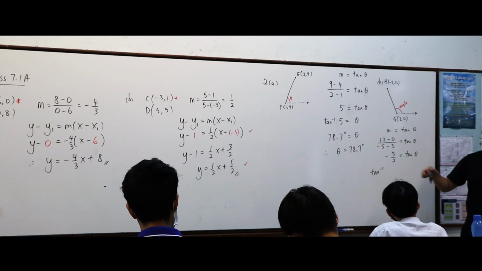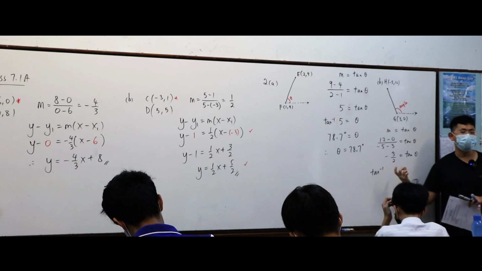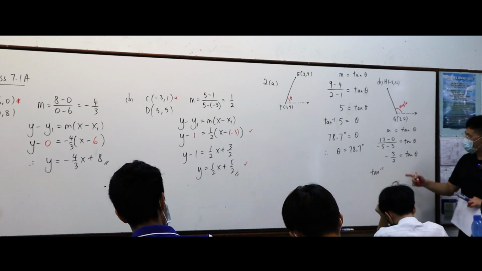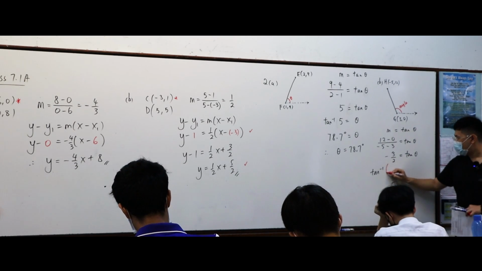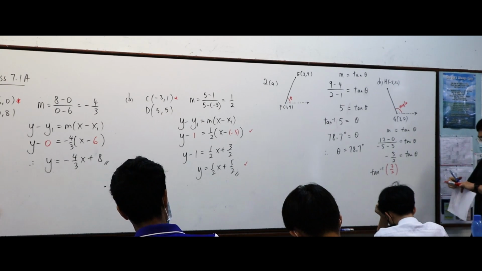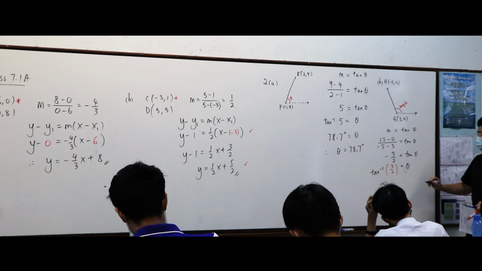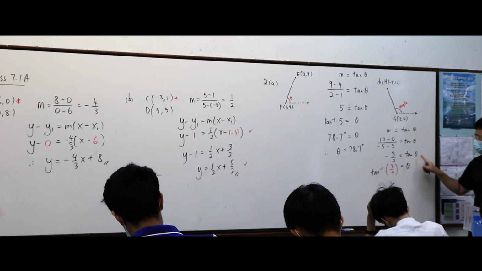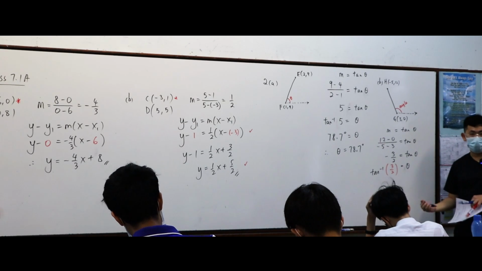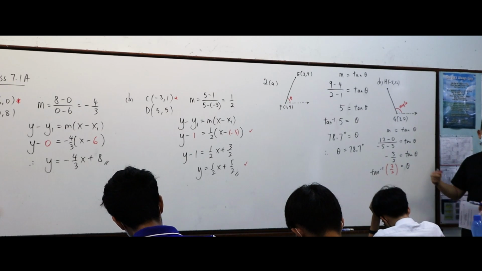We are going to use the positive number of the gradient. Okay, means we are looking only at the absolute value. So instead of negative 3 over 2, I'm going to look at 3 over 2 first, equals to theta, the theta that we want. Actually, this is not mathematically correct, but this is what we want. In real life we'll be using alpha when we come to the chapter soon.